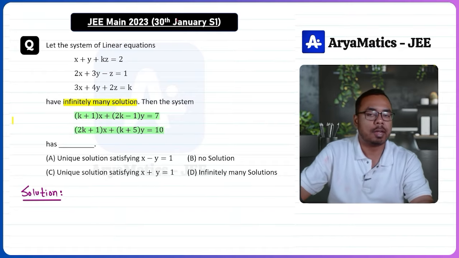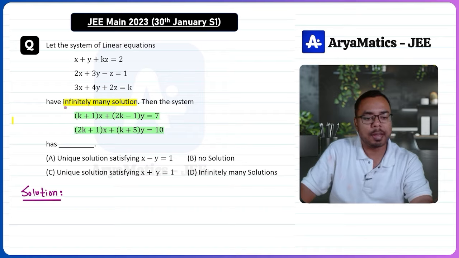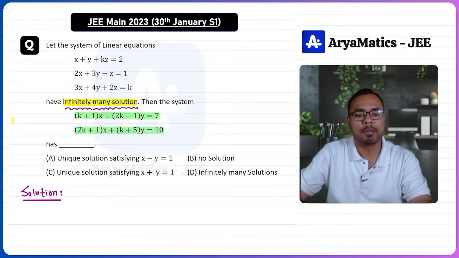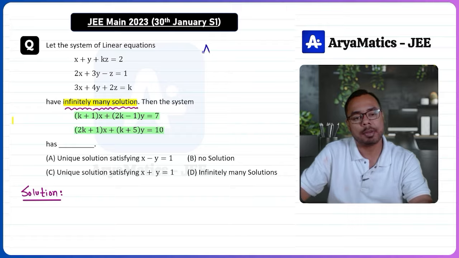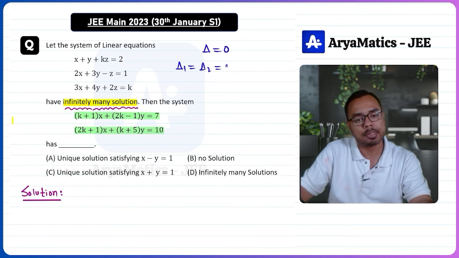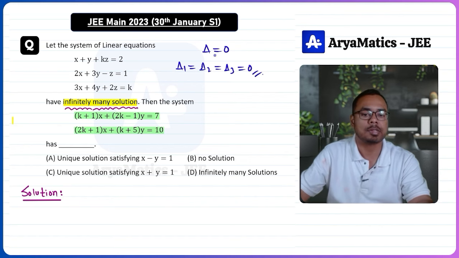Now we know that for infinitely many solutions, if we have a system of linear equations, three equations, three unknowns, then the condition is that the determinant of the coefficient matrix, this is 0, and then delta 1, delta 2, and delta 3, these three are also 0, right? This is the condition for infinitely many solutions.